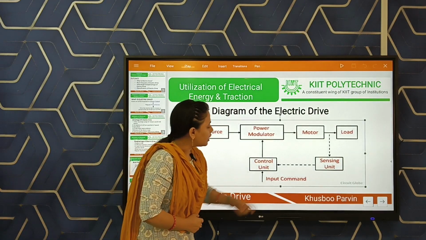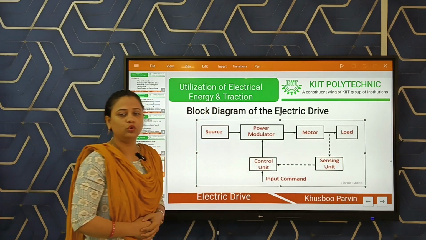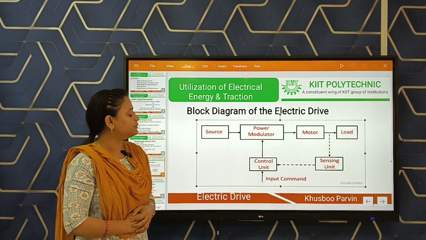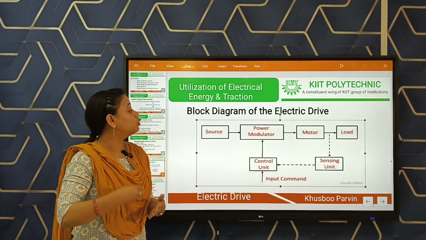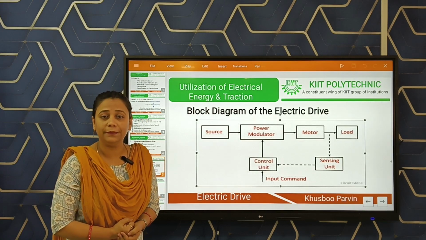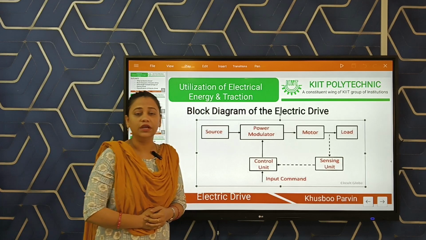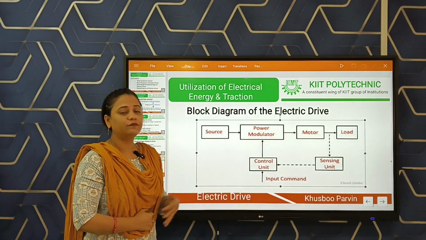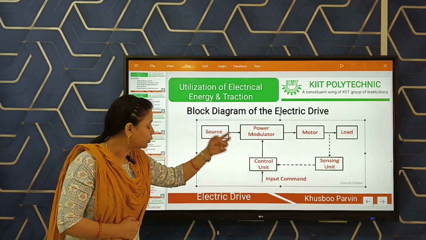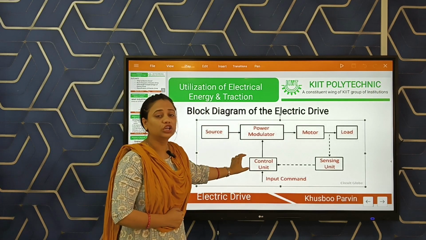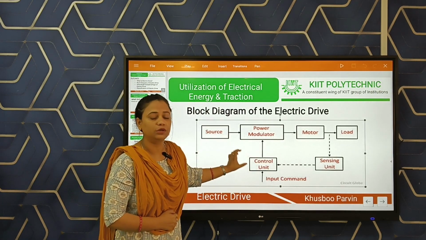Here you can see a sensing unit is being used. The sensing unit is employed to sense the drive parameters such as the speed and the current of the motor. If the speed and the current of the motor are high, it will provide a signal to the control unit for protection purposes.